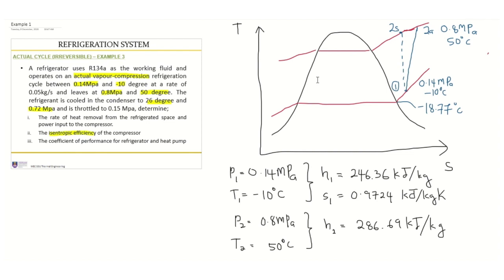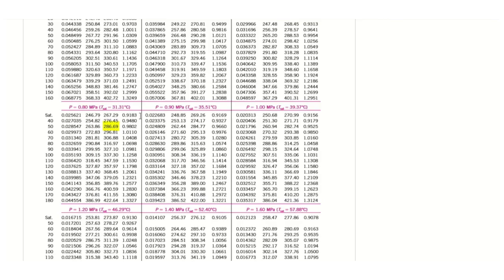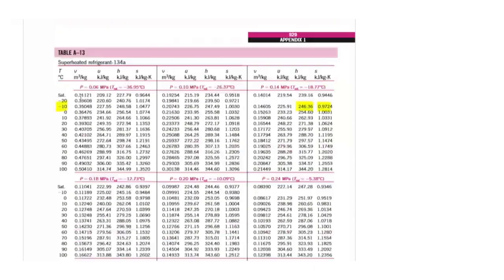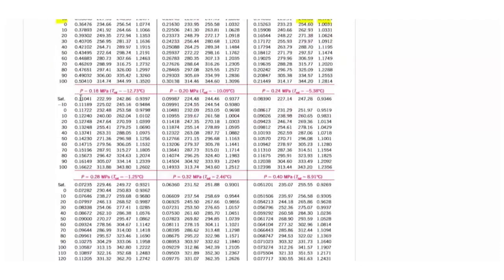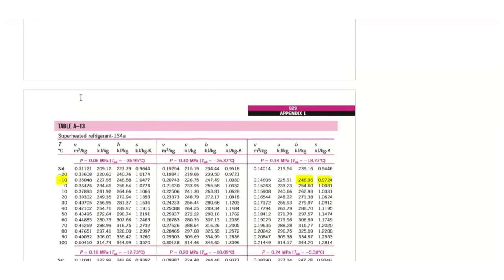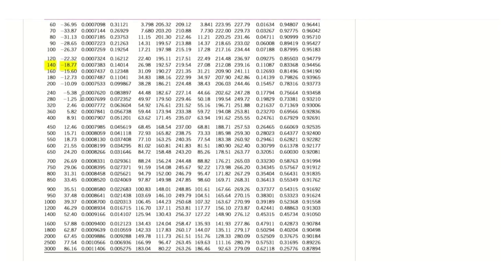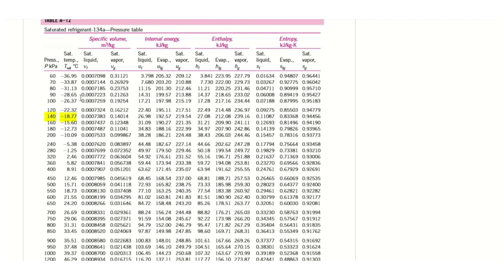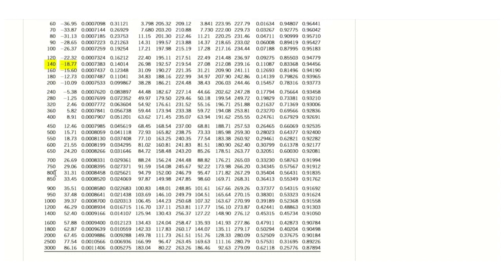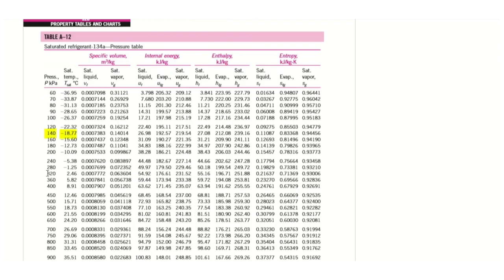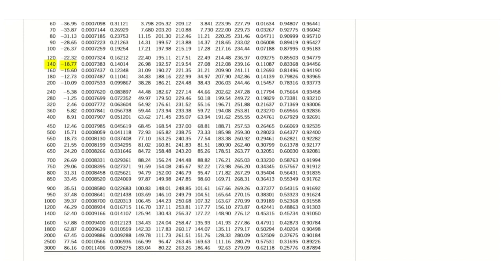Okay, so how to judge that is basically, once again, look at the property table. Now we're going to refer to 0.8 megapascal. So we are not going to use the superheated table because our problem is actually at the saturation. 0.8 megapascal is 800 kPa, which is this one, right?